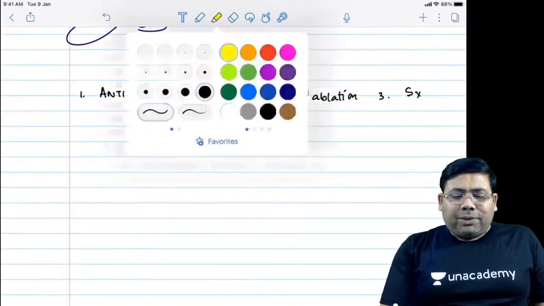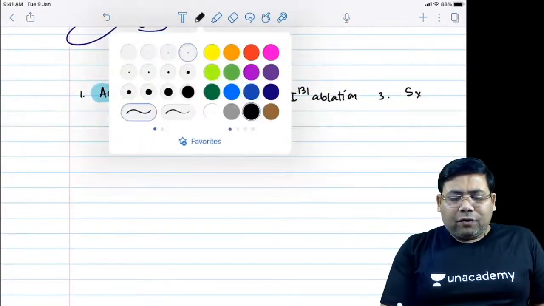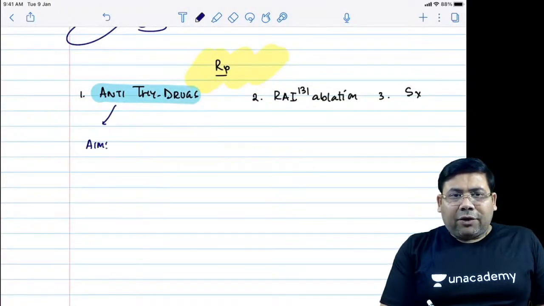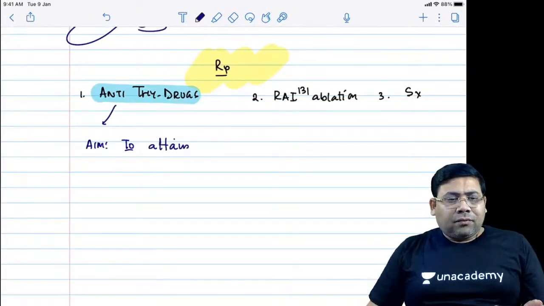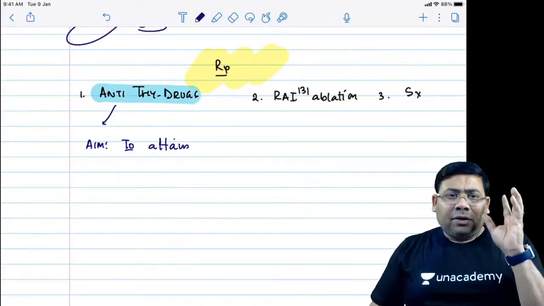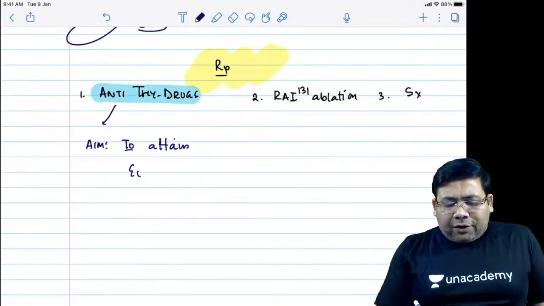The prime objective of antithyroid drugs, the aim, is to achieve euthyroid status. You cannot do any surgery until and unless you have a euthyroid status. To attain euthyroid status, you utilize these drugs.